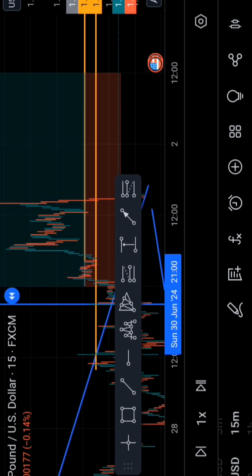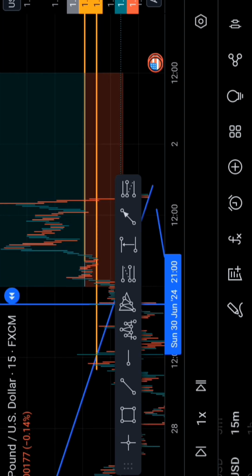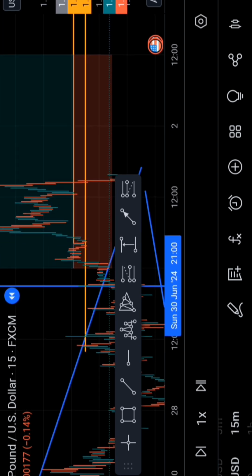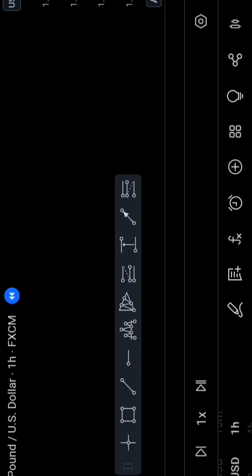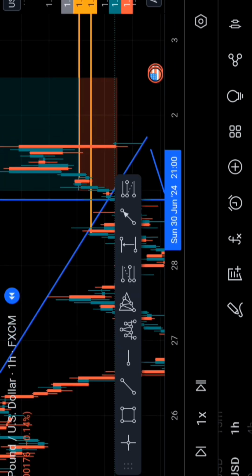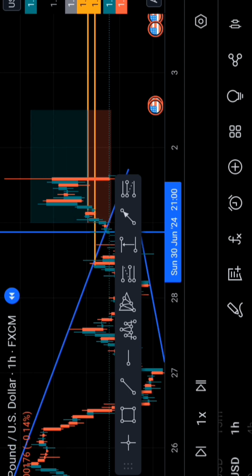And let's see how long it took from when we entered. Let's go to the 1 hour to see how long it took, because that's also important to build your confidence in your strategy. Sometimes it takes long.